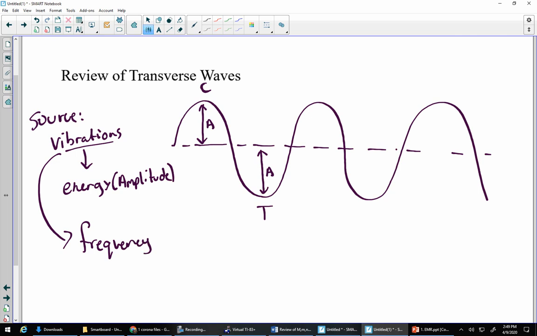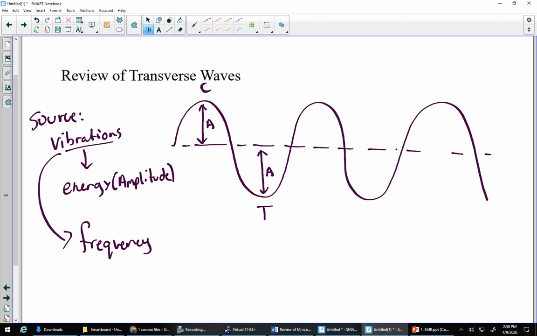My voice box is the source vibration for the waves that are coming out of my mouth right now. So I could have a really low frequency, like ooh, or I could have a really high frequency, ooh. It's my voice box that's telling me what the wave is actually going to look like. Cool. So the source vibrations tell us about the energy and the frequency.